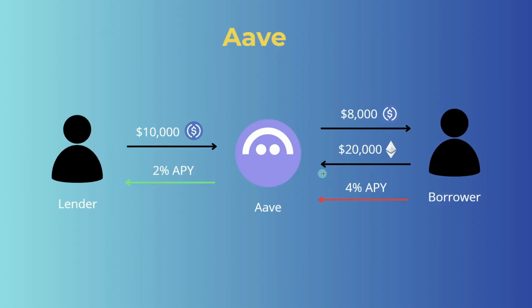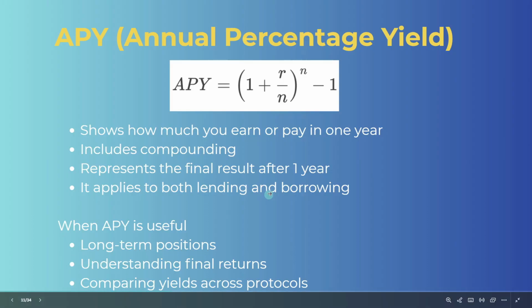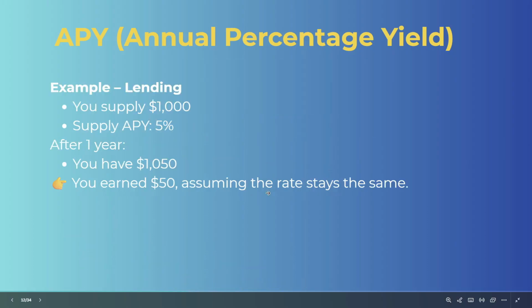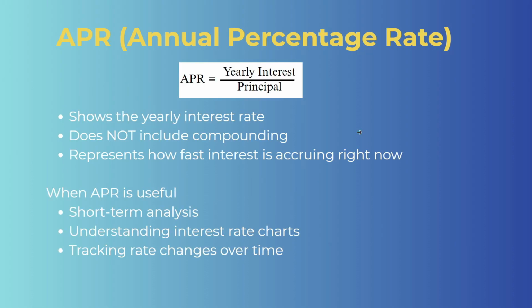Then we will also see this in the Aave application. Why? APY is useful for long-term positions, understanding the final returns and comparing yields across protocols. So for example, if you supply $1,000 with a supply APY of 5%, after a year you have $1,050, so you earned $50, assuming that the rate is the same.